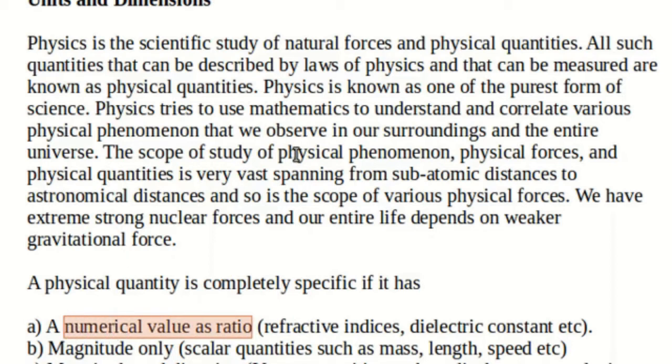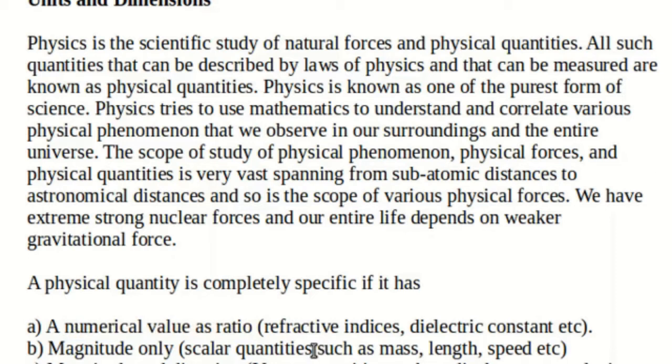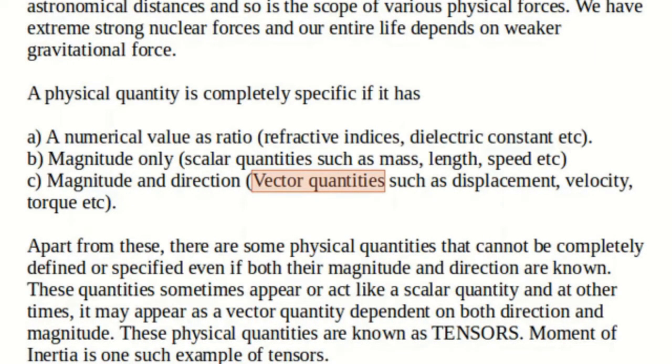A physical quantity is completely specific if it has a numerical value as a ratio such as refractive indices, dielectric constants, etc. Or it has magnitude only, such as scalar quantities like mass, length, speed, etc. A physical quantity can be completely specific as a vector quantity if it has magnitude and direction.